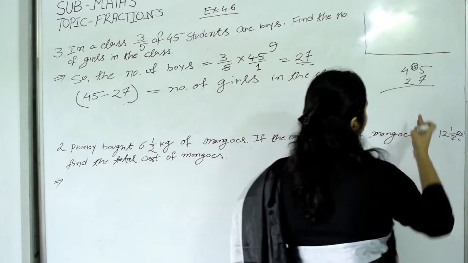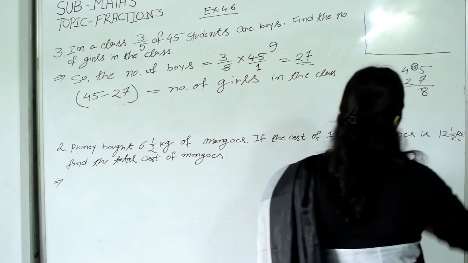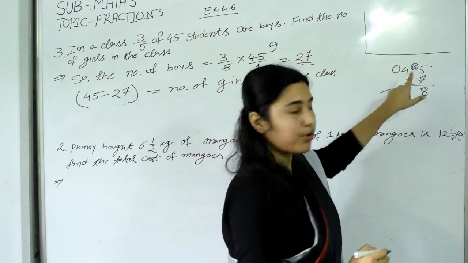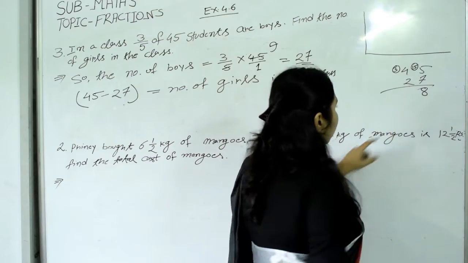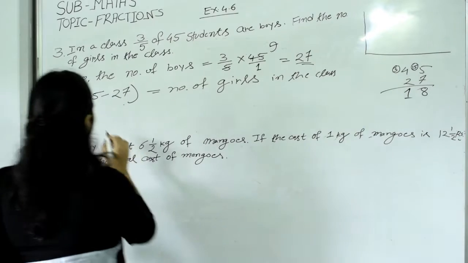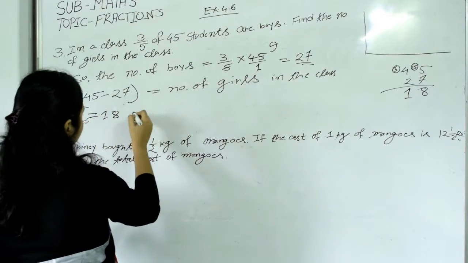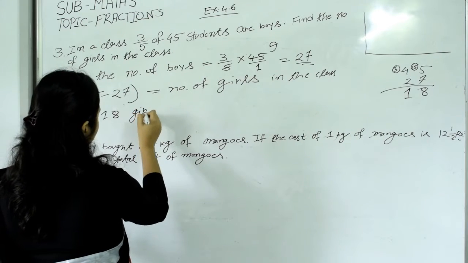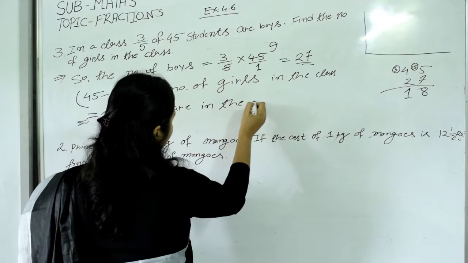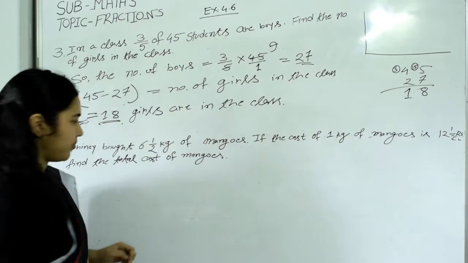So after 7, 8, and take this one here and subtract from 4, we'll get 3. Now 2 minus 3 is 1. So the number of girls, 18 girls, are in the class. So our answer is 18.